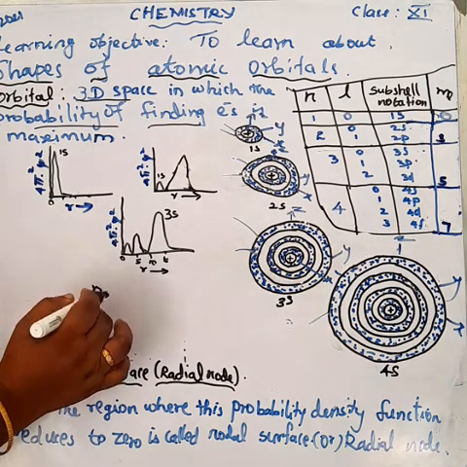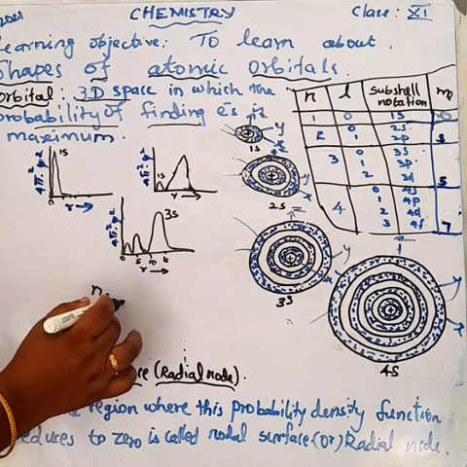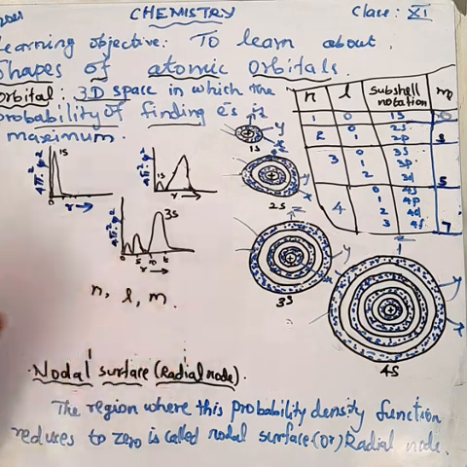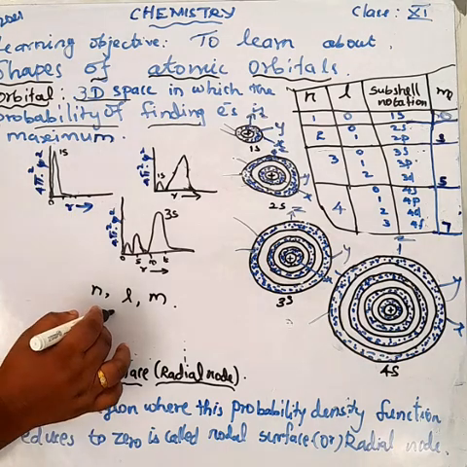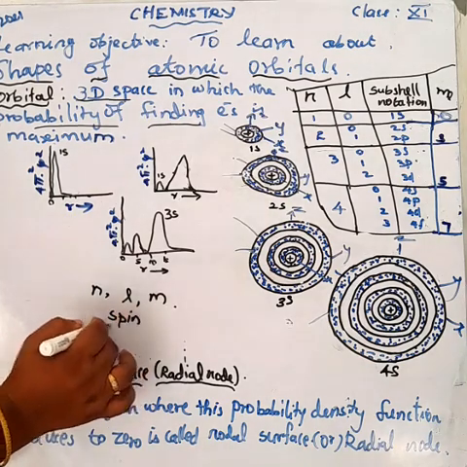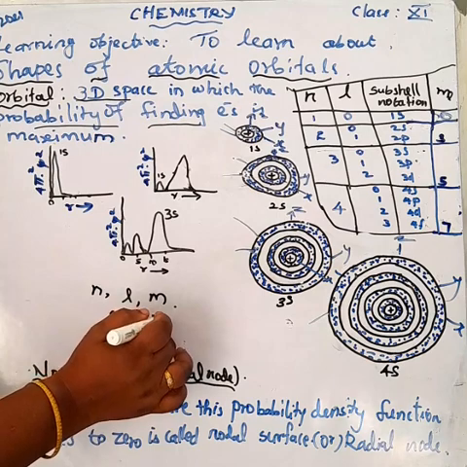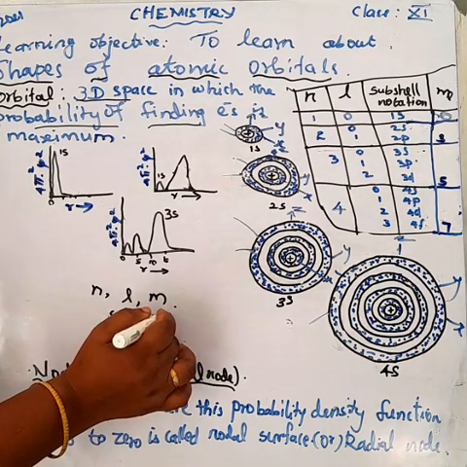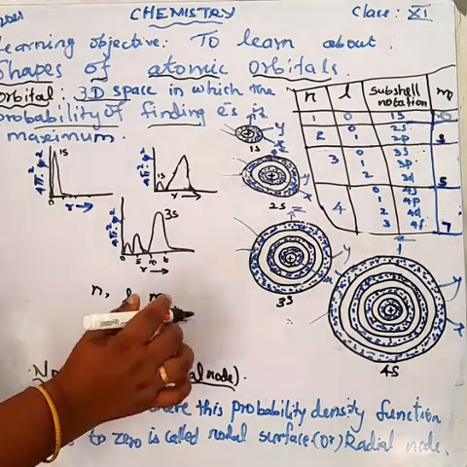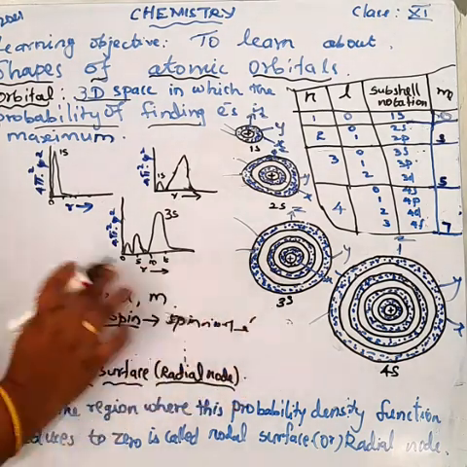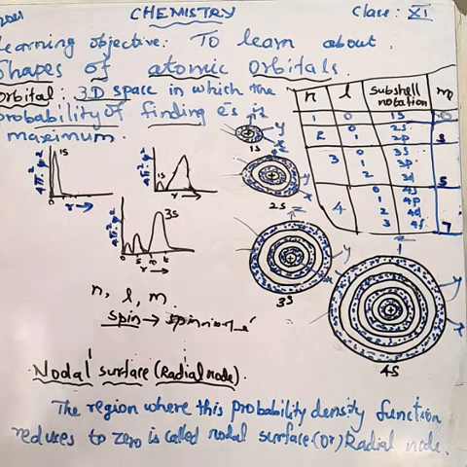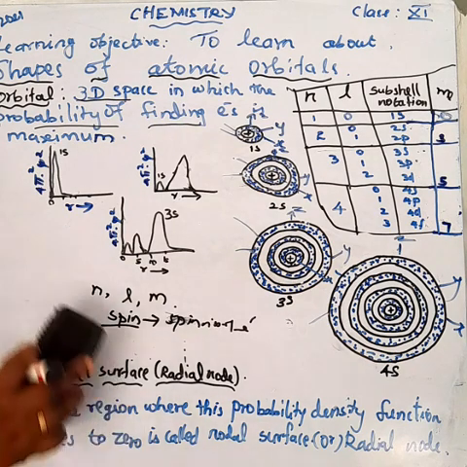Principal quantum number, azimuthal quantum number, magnetic quantum number. After that, another quantum number is the spin quantum number. The spin quantum number only represents the spinning of the electron within the orbital. The other 3 quantum numbers represent the shape, orientation and energy levels of the orbitals.